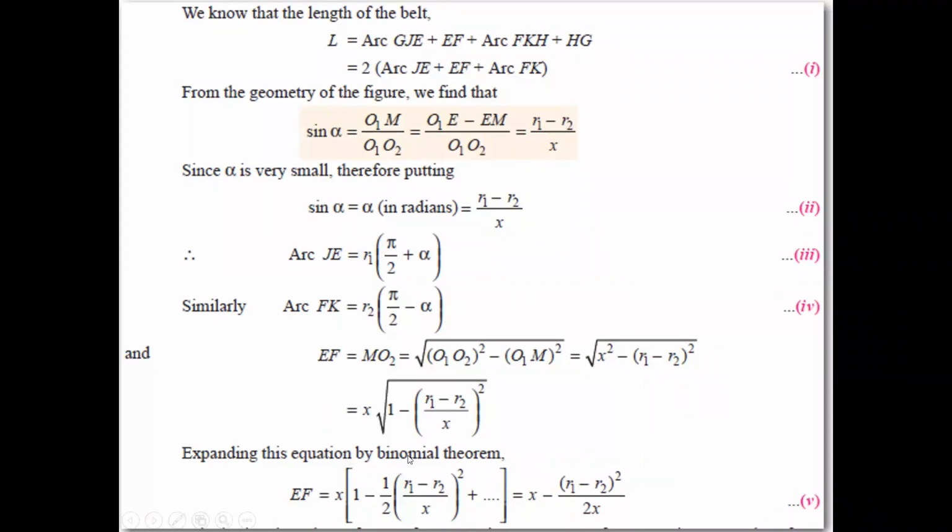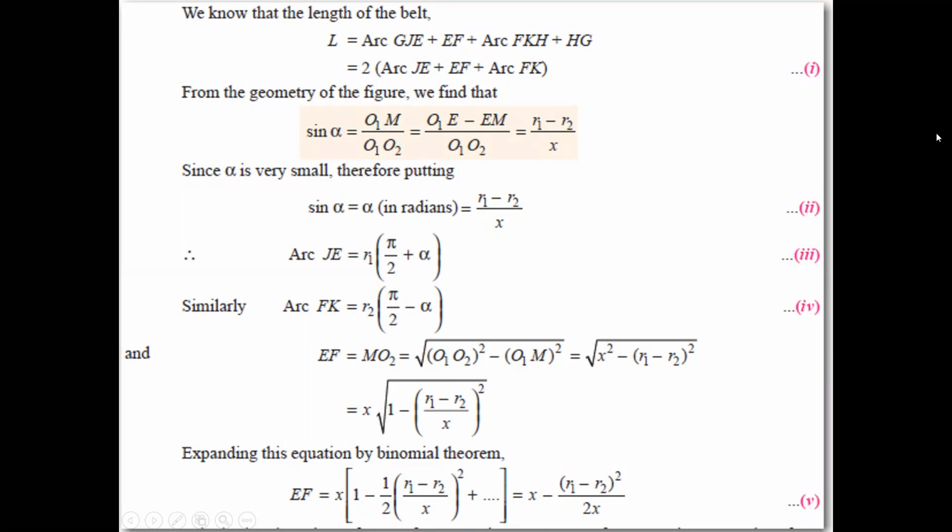So expanding this equation by the binomial theorem, the value has arrived here. EF equals x into 1 minus 1 by 2 into (R1 minus R2 by x) whole square plus, we are also expanding the binomial equation, so the next term is plus 1 by 4 into (R1 minus R2 by x) whole power 4.